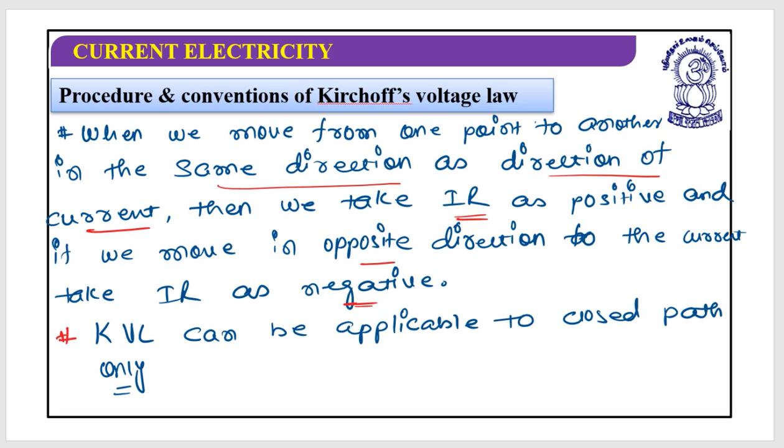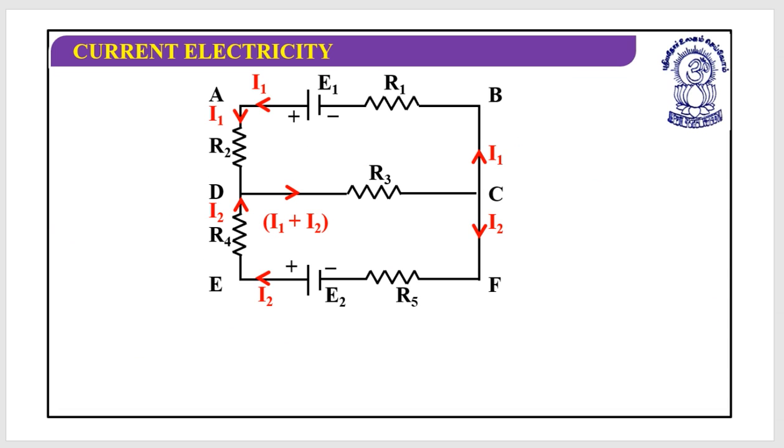If we are moving from one point to another and we encounter a battery's positive terminal, we consider it positive, and if we encounter the negative terminal of the battery, we consider it negative. I hope these things are clear. So let's practice this with the help of a question.